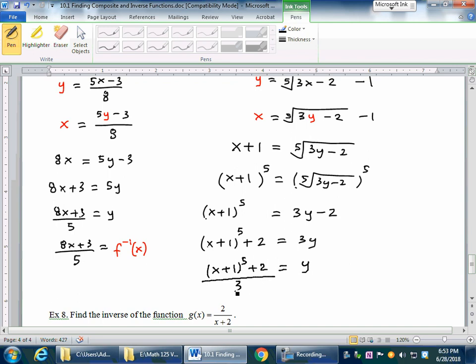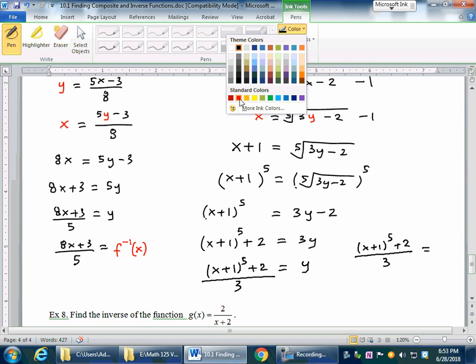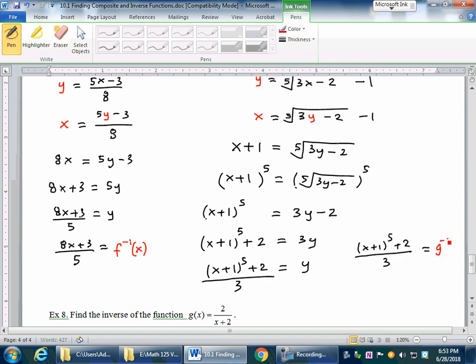Now my final step is rewriting with function notation. So that is equal to the inverse function notation, which is g inverse of x, because our function is the g function this time, right? Not f of x.